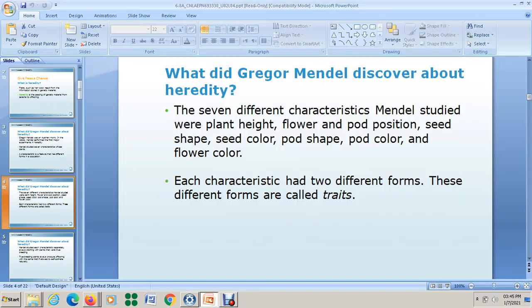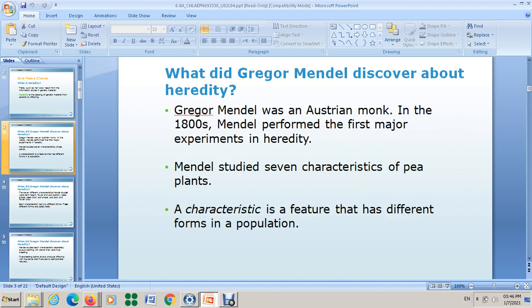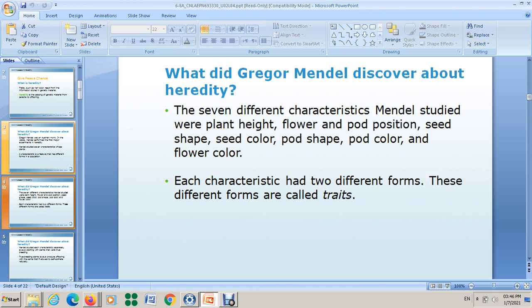Hello everyone. In this video we want to continue talking about Gregor Mendel's discoveries about heredity. Just to remind you, last time we said that Mendel studied 7 different characteristics of the plant: height, flower and pod position, seed shape, seed color, pod shape, pod color and flower color.